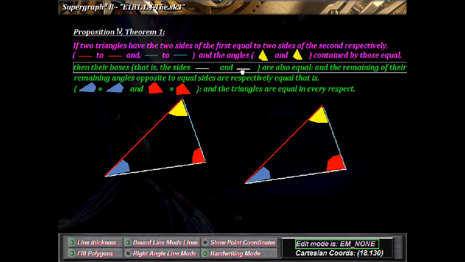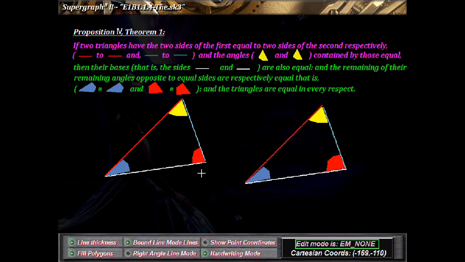Then their bases, that is, the sides indicated as white, are also equal, and the remaining angles opposite to equal sides are respectively equal, that is, these angles are also respectively equal from the two triangles, and the triangles are therefore equal in every respect.